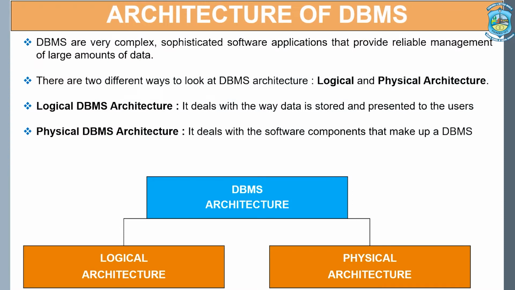It is more of a user-centric approach towards designing a database. And physical DBMS architecture involves designing the software components that actually make up a database. This is more of an internal level, and the first one is the external level architecture.